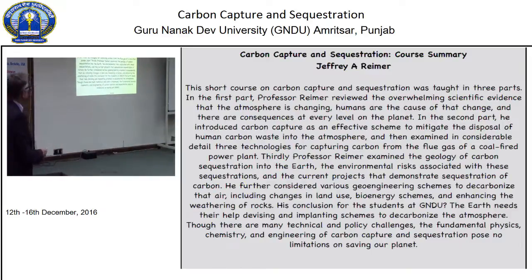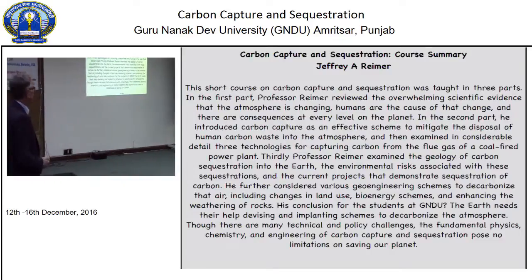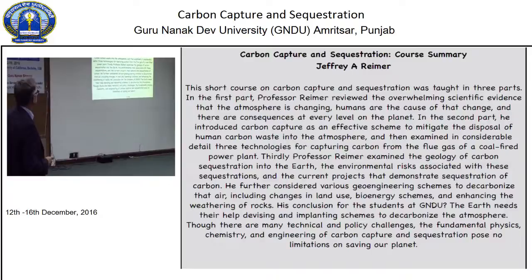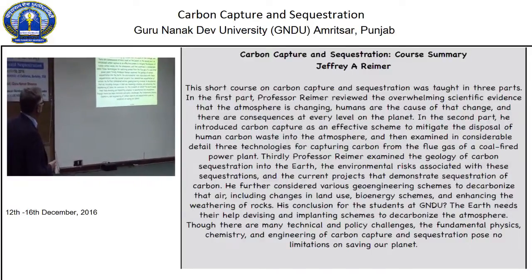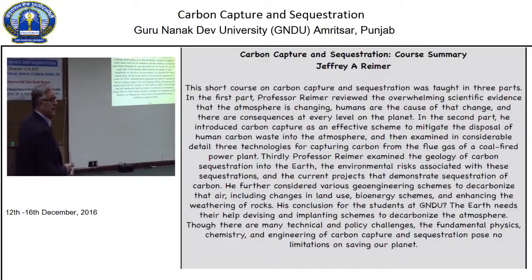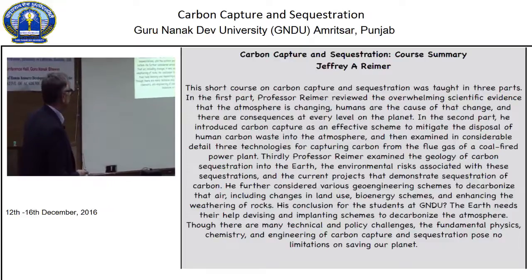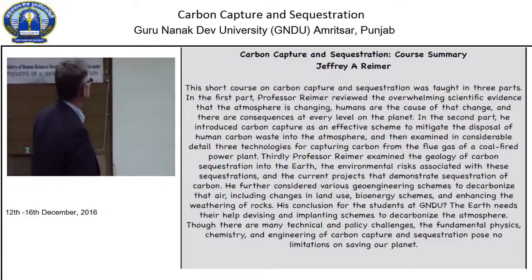So we've looked at this in 3 parts. First, I reviewed what I consider to be overwhelming scientific evidence that the atmosphere is changing, humans are the cause, and that there are consequences on virtually every level of the planet. In the second part, I introduced carbon capture as an effective scheme to mitigate the disposal of our waste in the atmosphere, and in particular examined 3 technologies for capturing carbon: adsorption, absorption, and membrane separations.